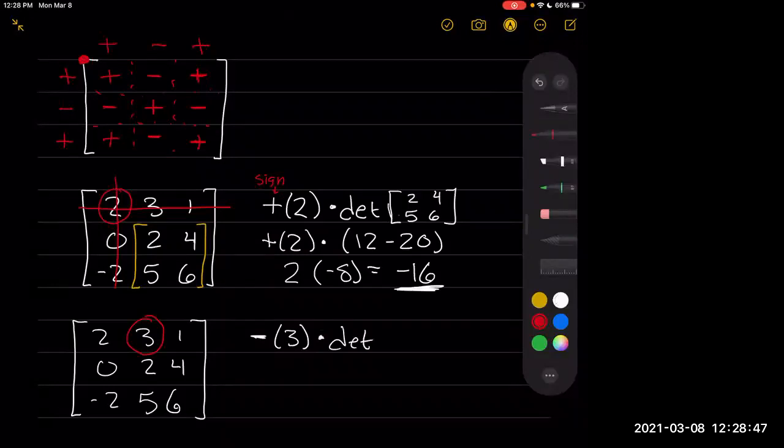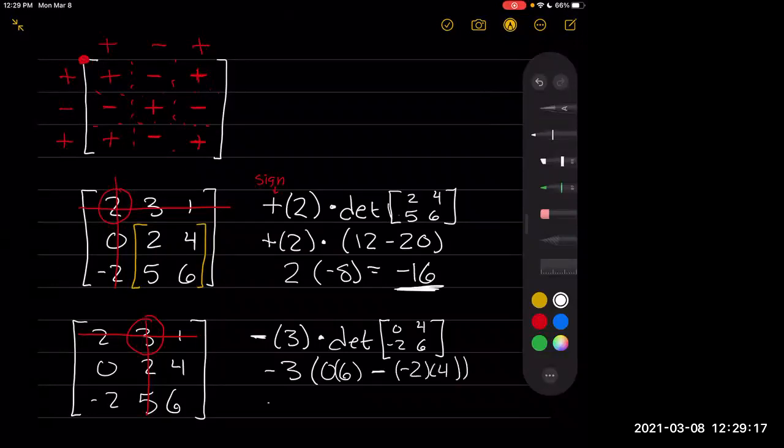We're going to cross out the column and row that 3 is in, and then we're going to look at this little submatrix here of 0, 4, -2, 6. And again, we know how to take the determinant of a 2 by 2. So we're going to end up with -3 times 0 times 6 minus -2 times 4.